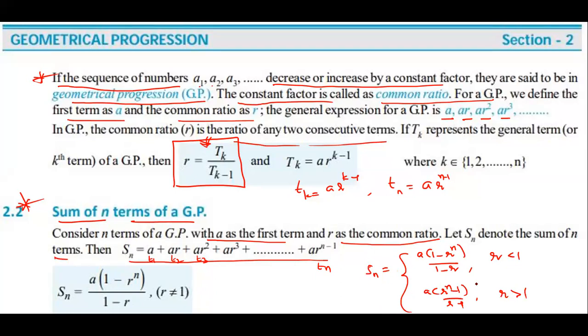Why? Because r less than 1 means the sequence is decreasing, and r greater than 1 means increasing. This is a decreasing sequence. This is an increasing sequence.